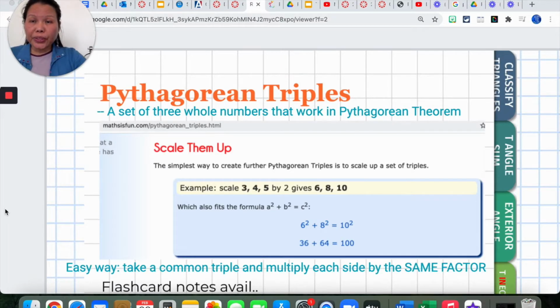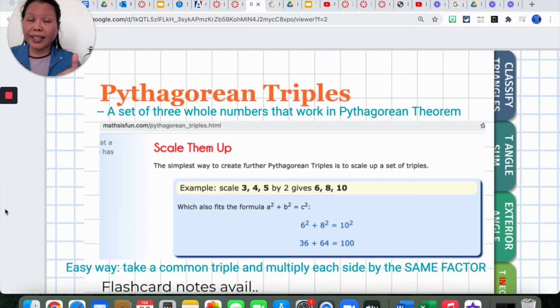In your notes, in Canvas class, we put: Pythagorean triple, a set of three whole numbers that work in the Pythagorean theorem. And we said the easiest way to get another Pythagorean triple is to scale it up, and we do that by just multiplying all of the numbers by a common factor. We give you the example of 3, 4, 5. We multiply 3, 4, 5 by the number 2, which is the common factor there, and we get 6, 8, 10.